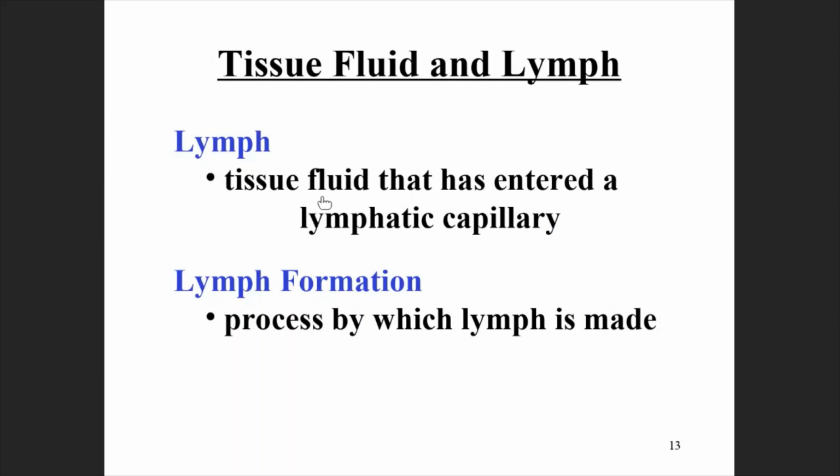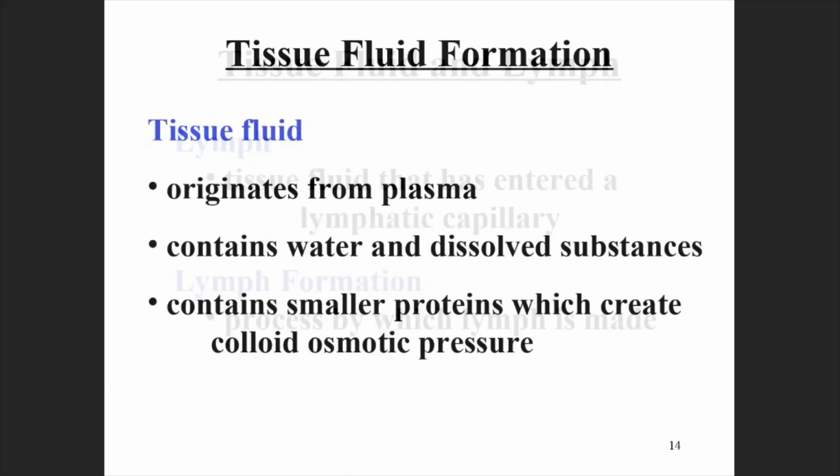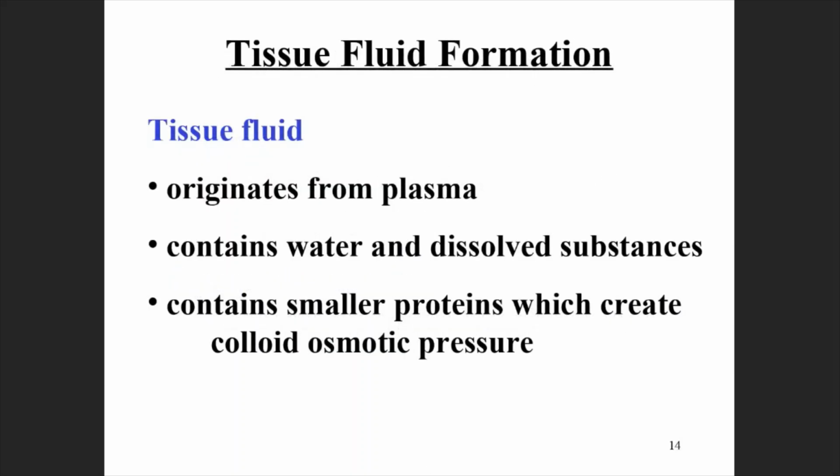Lymph is basically what comes from the interstitial fluid, and that's what flows in the lymphatic capillary and lymphatic vessel. Of course, interstitial fluid also comes from plasma. And I told you already that all of the fluid in our body is connected, from the interstitial fluid to plasma, extracellular fluid, intracellular fluid, they're all connected.